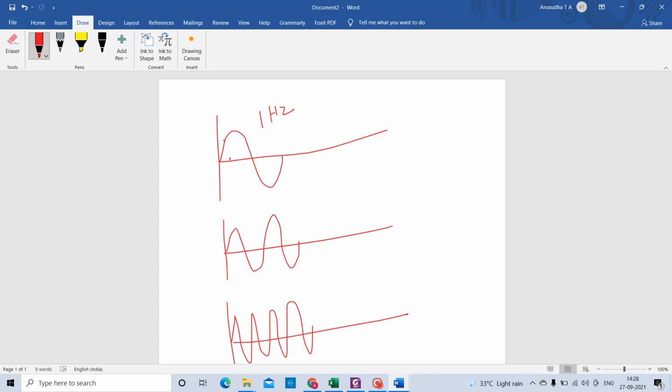For example, at the time 2 second, what is the amplitude for the 1 hertz, the 2 hertz, and the 4 hertz signals? The x-axis is t, and the y-axis is amplitude.